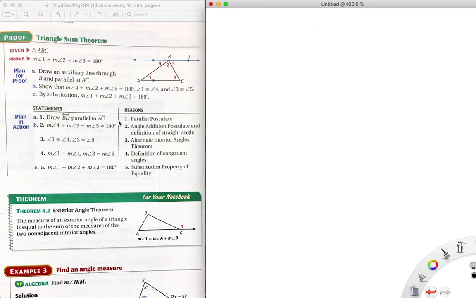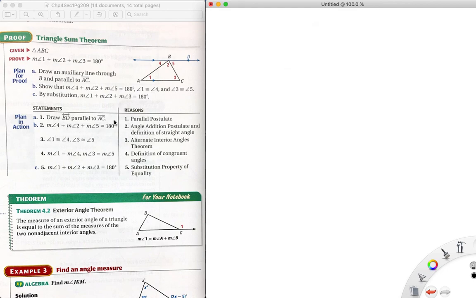Then this sort of merges a postulate and a definition of a straight angle, and they merged it together. They saved a lot of steps. Like you say, the line BD is equal to a straight line, definition of a straight angle. And then you could say 4 plus 2 plus 5 equals a straight line. And then use transitive and say that it equals 180.